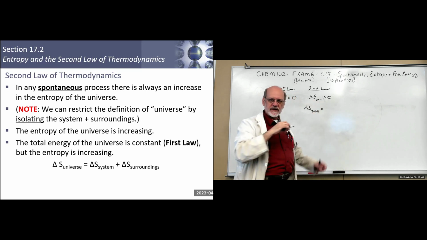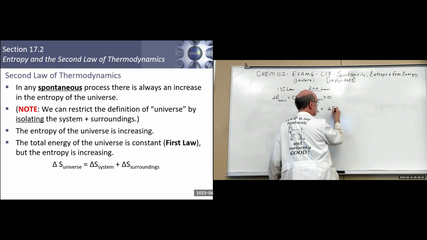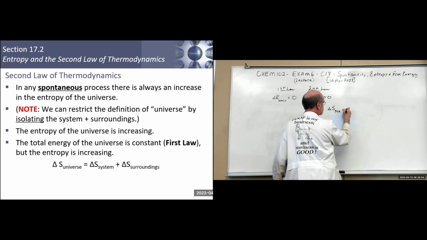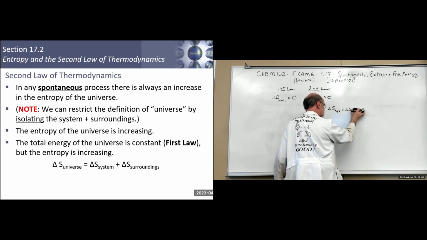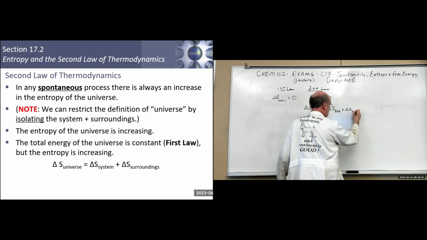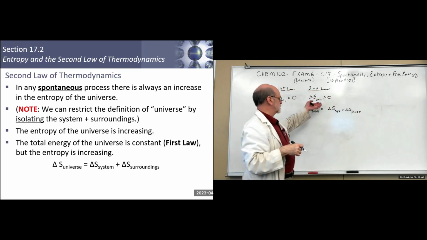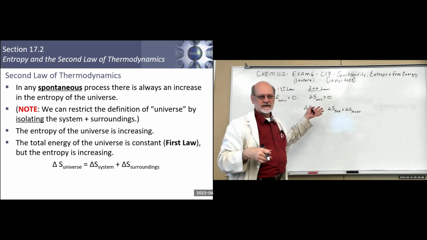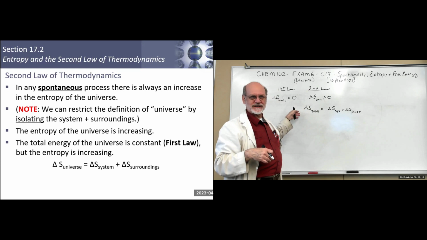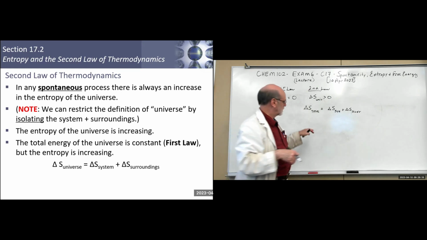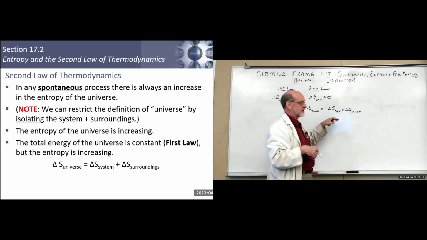So the total entropy of our system and surroundings is equal to the entropy change of the system plus the entropy change for the surroundings. That makes more sense to me, because there's no way we can get a handle on the whole universe. I mean, that may be true, but this is where we're going to focus our attention. What's the total? It's a system and surroundings together.